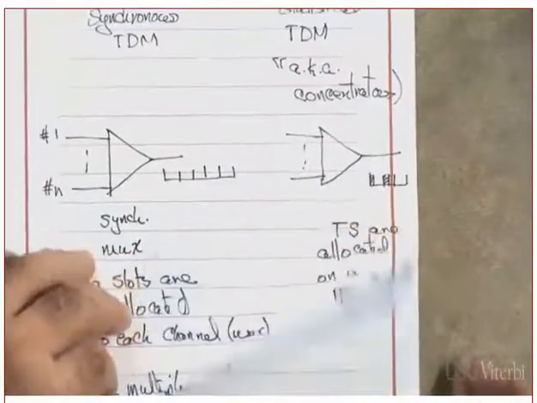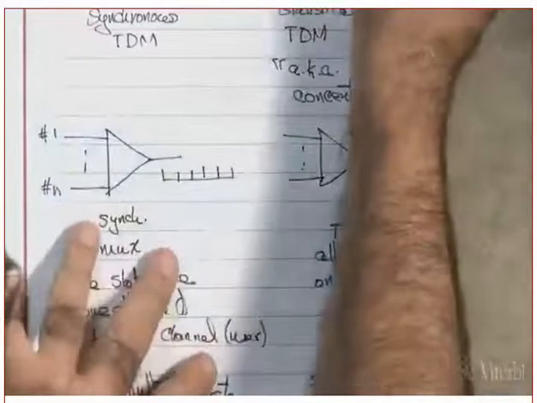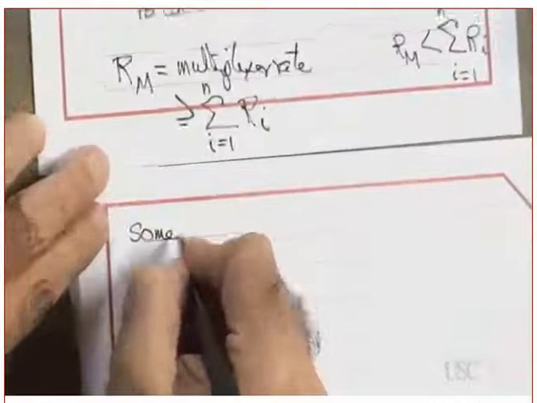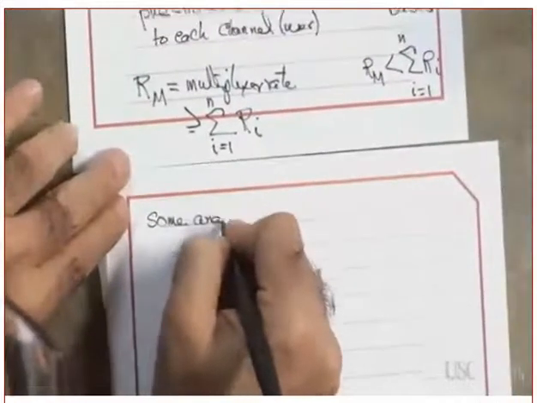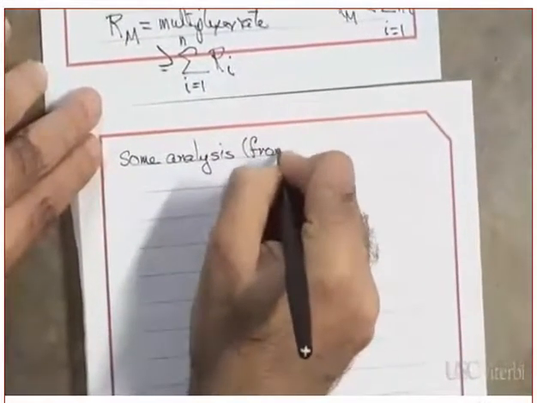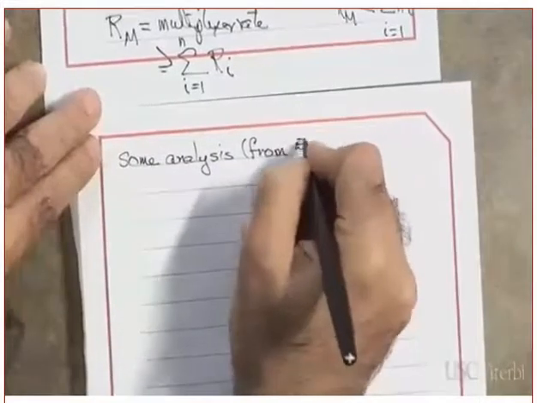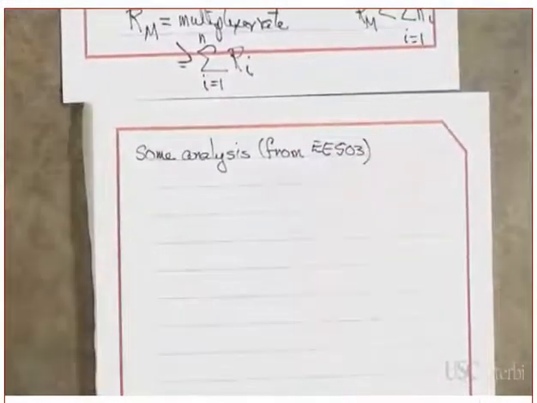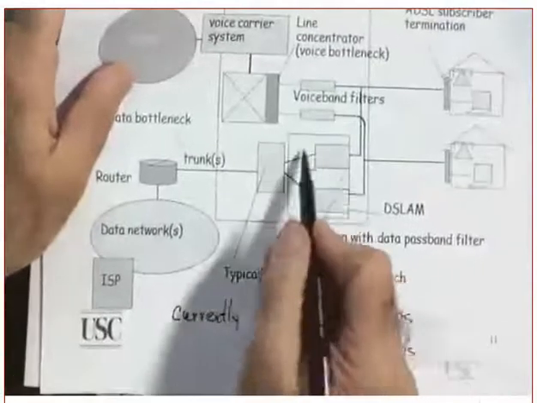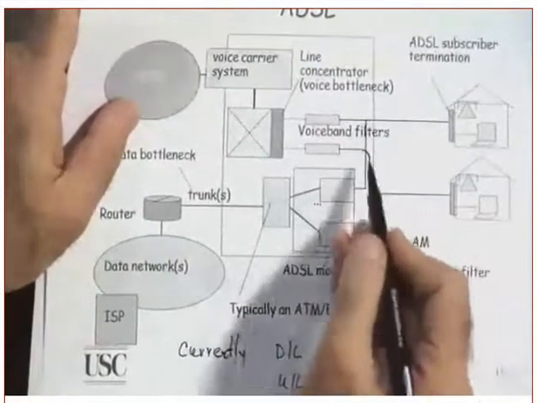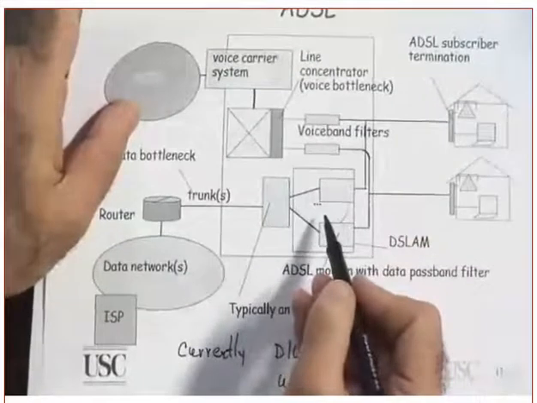Let's do some analysis here. Let's see how much you remember from 503. All of this you should have had in 503. Remember, we are talking about this device here that will aggregate the traffic from several customers.